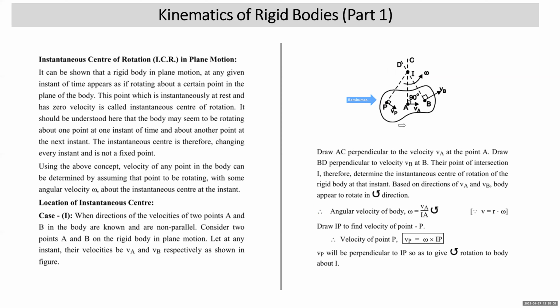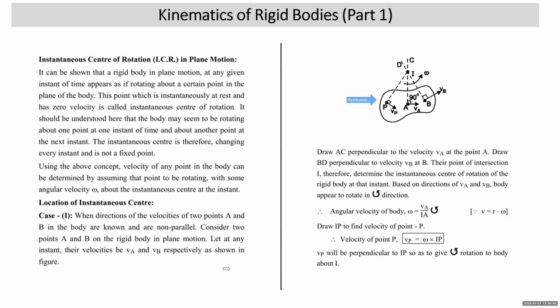Very important observation in the problems of general plane motion is that with reference to the instantaneous center of rotation, velocity of all points on the body will give the same kind of rotation. Also, velocity of all points will be perpendicular to the line joining that point with the ICR. As in this case, can you see that VP is perpendicular to PI, VA is perpendicular to AI, VB is perpendicular to BI.